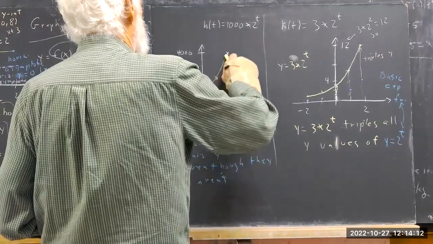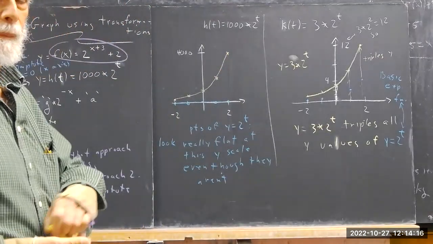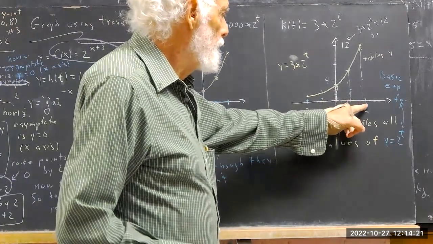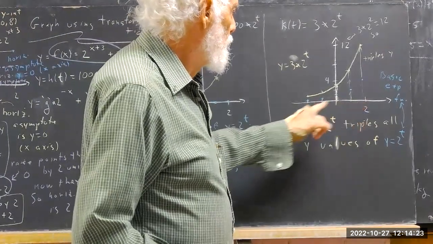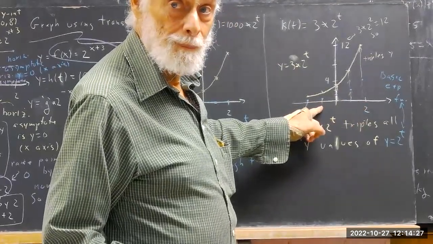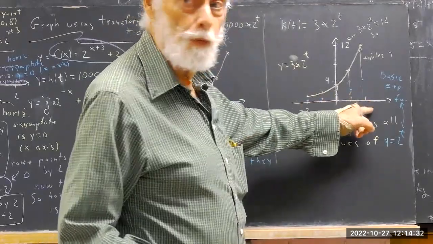We don't really have to calculate them, because the basic exponential function has this property that every time you move 1 unit to the right, you double the y value. You have 1/4, then 1/2, then 1, then 2, then 4.